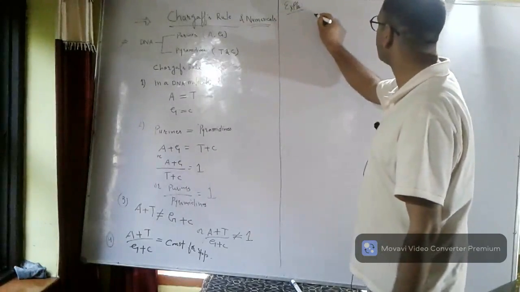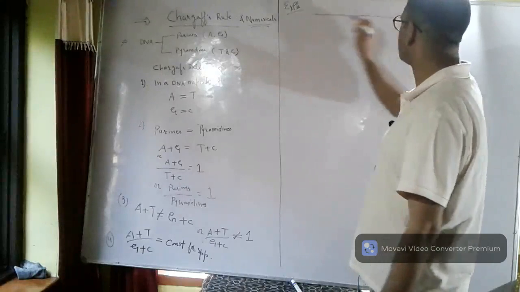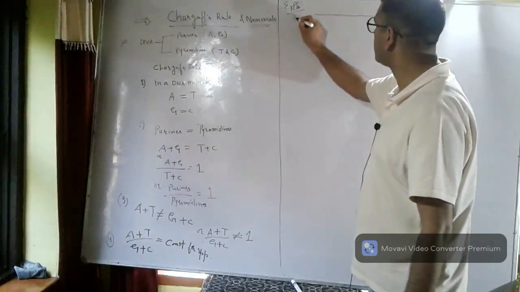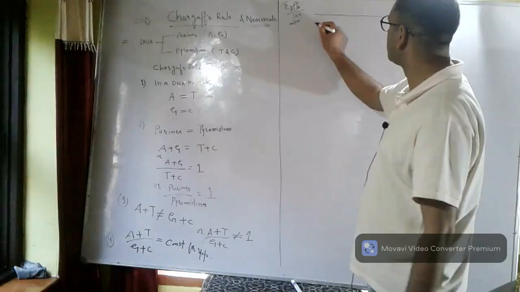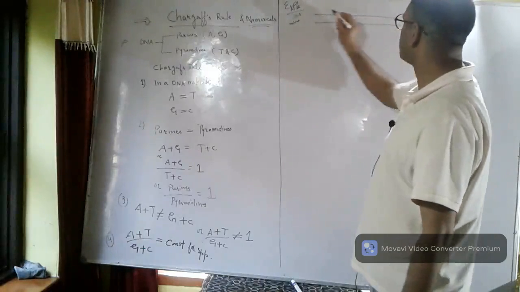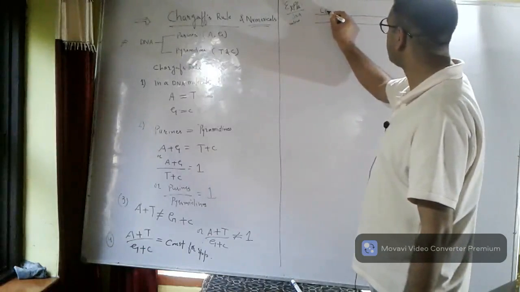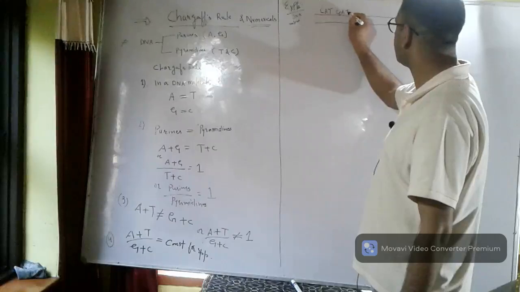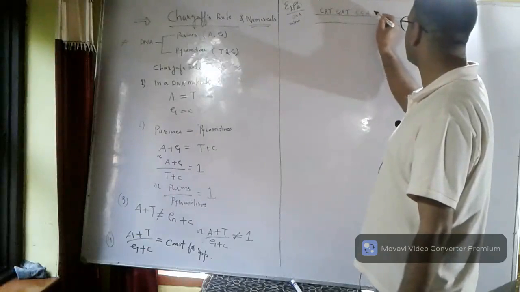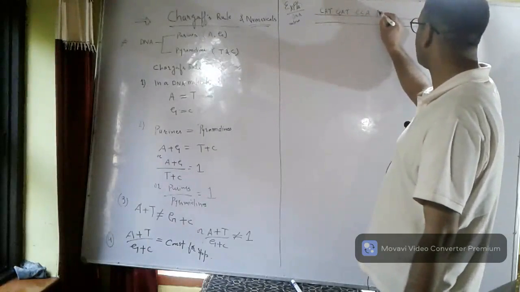I will take here, this is a DNA molecule: CAT, GAT, CCA and AAT.